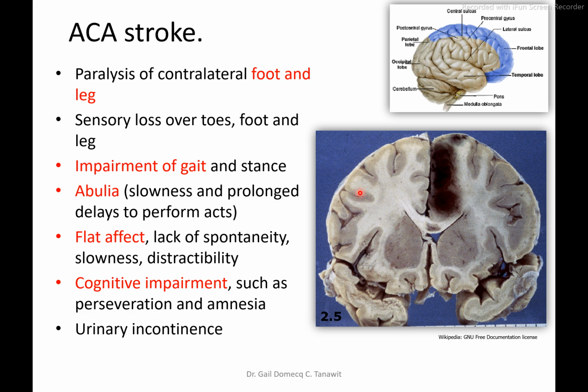So foot and leg, sensory loss over toes and foot and leg, gait and stance, abulia, mabagal gumalaw, flat affect, so slowness, distractibility, cognitive impairment such as perseveration and amnesia, and even urinary incontinence.